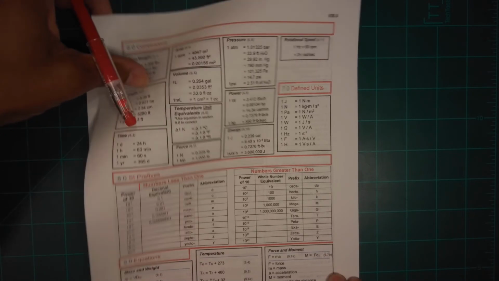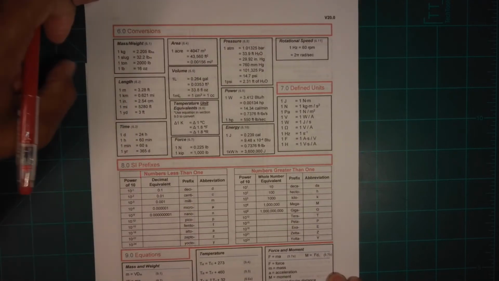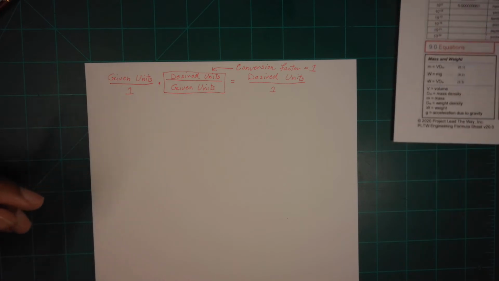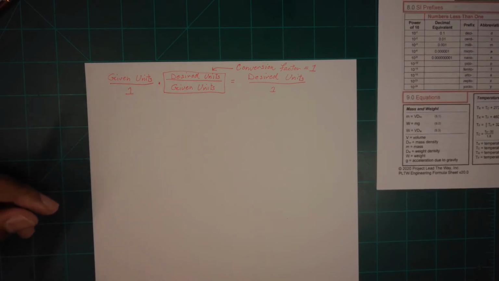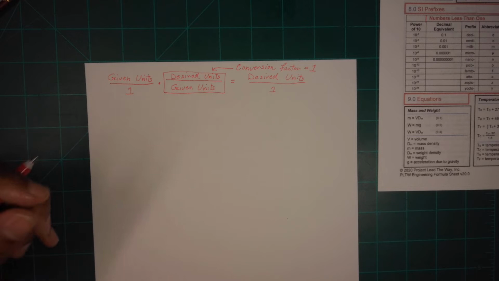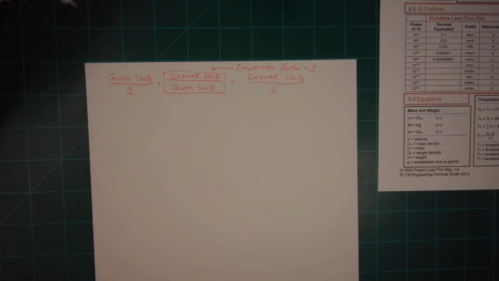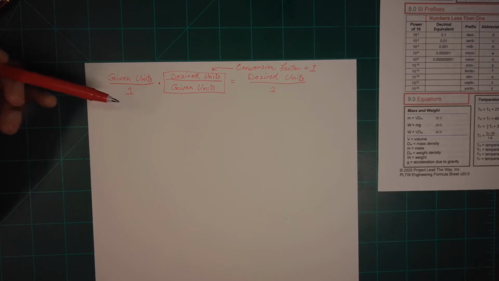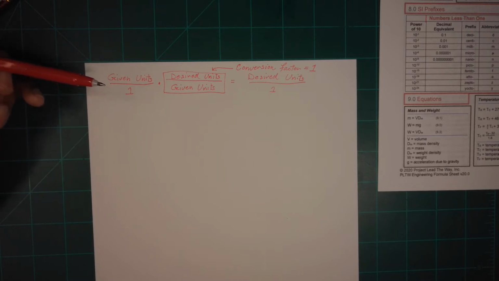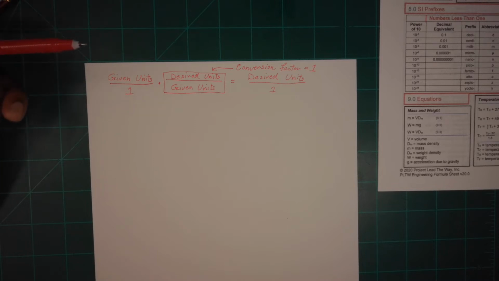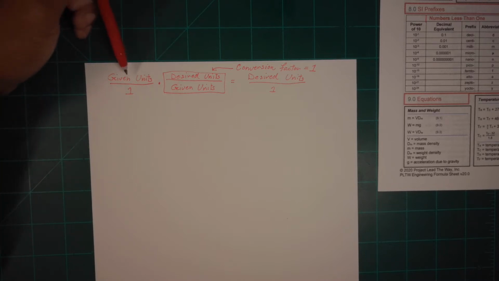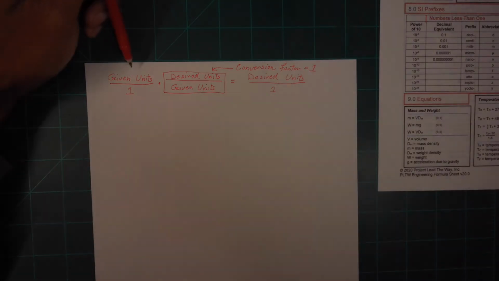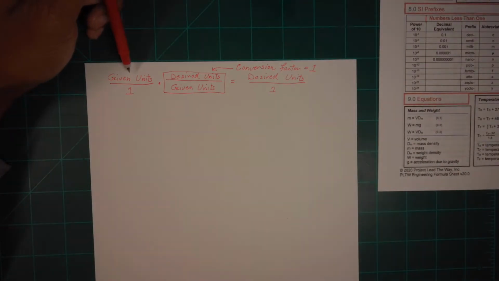All of this information is in the slide deck that is available to you in Canvas. Let's say for grins I wanted to convert 18.2 microamps to our base unit, which is amps. Our given unit is the quantity we want to convert over 1.